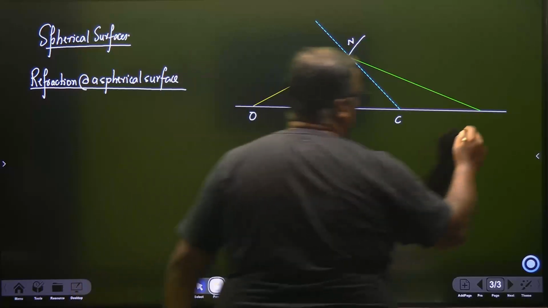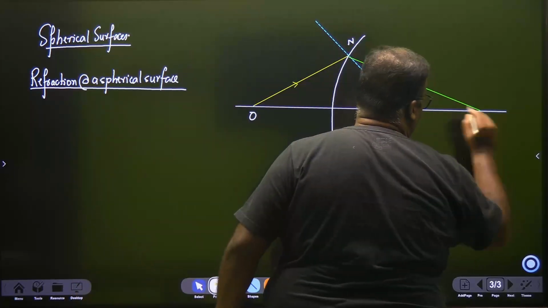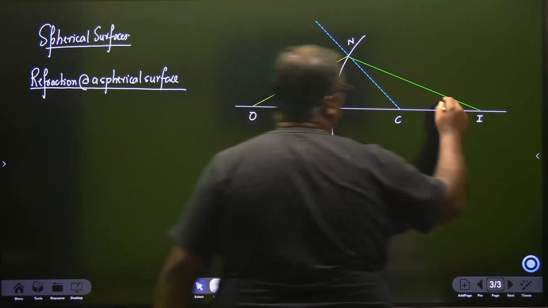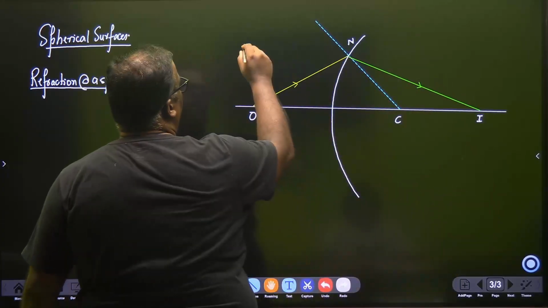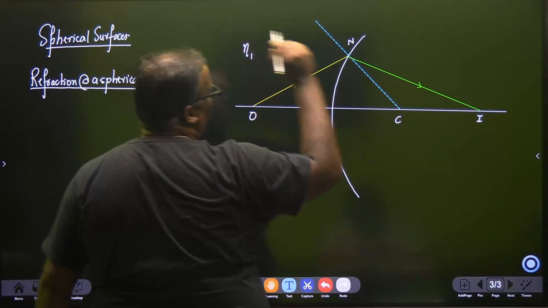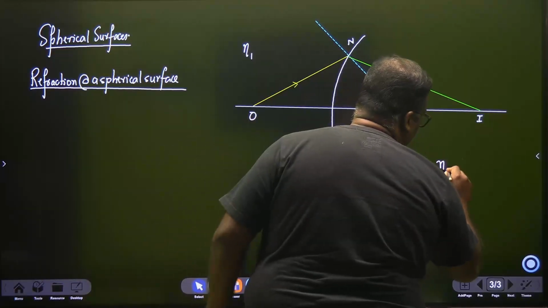I call this my image point. The refractive index of this medium is N1 and of this medium is N2.